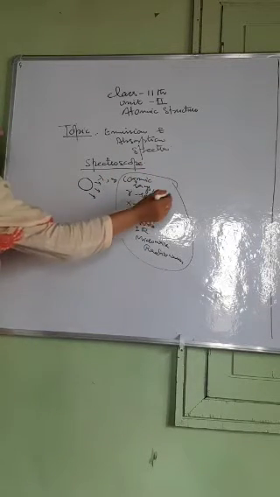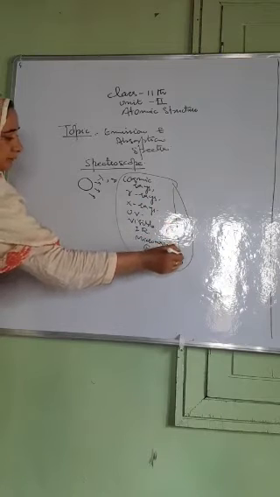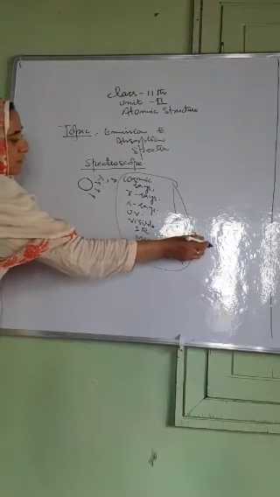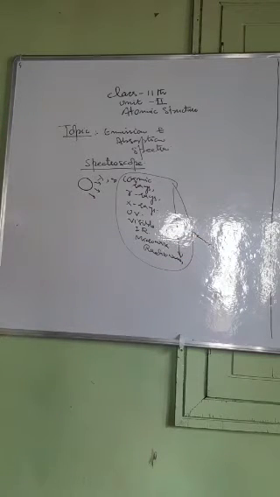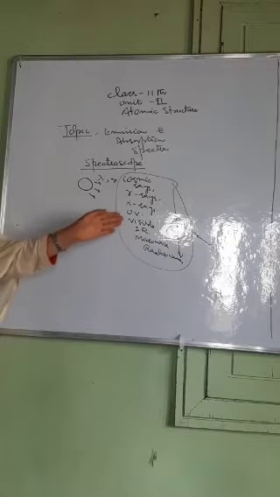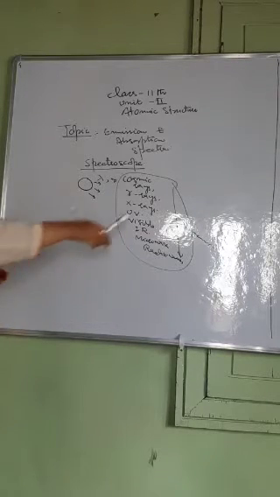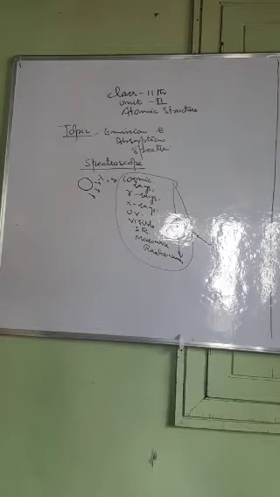If we move downwards like this, the wavelength increases and the frequency decreases. If we arrange these electromagnetic radiations in order of their increasing wavelengths or decreasing frequencies, the arrangement obtained is called the electromagnetic spectrum.